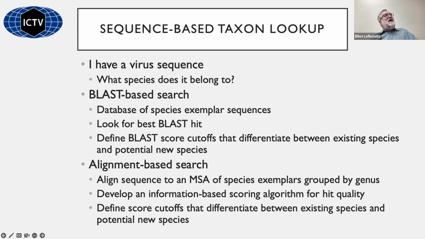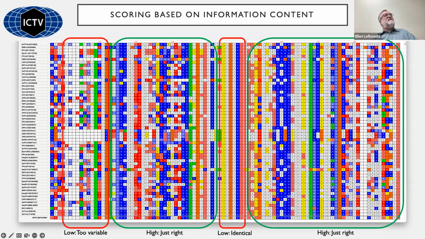But another approach is to use a more sophisticated alignment-based search, in which you take the newly isolated sequence and align it to an existing alignment of family-specific viruses. In addition, you have a scoring scheme that scores highly regions that are somewhat variable, in which you have maximal taxonomic information. Regions that are extremely variable don't allow you to distinguish one species from another.